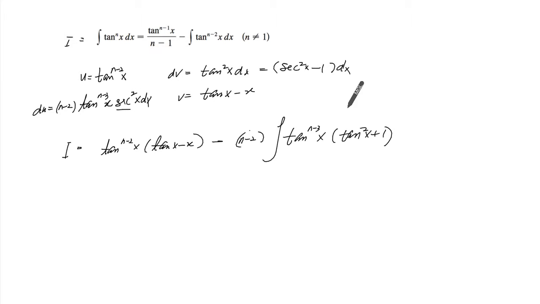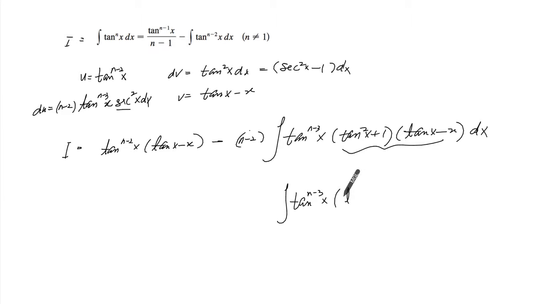That's what secant squared is equal to. So let's expand this bracket. Tangent cubed minus x tangent squared x plus tangent x minus x.